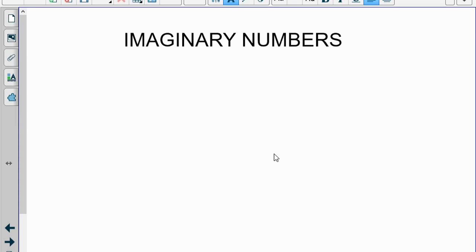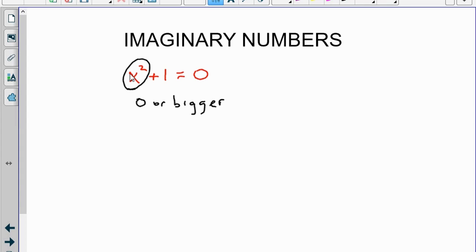Imaginary numbers are basically just numbers that don't exist inside of the real number line. The number one imaginary number that you would notice is, for example, the solution to the equation x squared plus 1 equals 0. Clearly, there's nothing in the real numbers that makes this work because x squared is always going to be 0 or bigger.